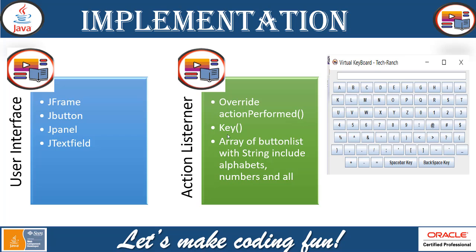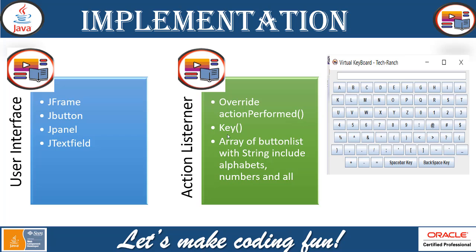This type of application can be implemented in many ways. Here I'm using a very simple concept and very simple logic. I'm creating an array of buttons and a button list, and that button list has a string which includes all the alphabets, numbers, special characters and everything.